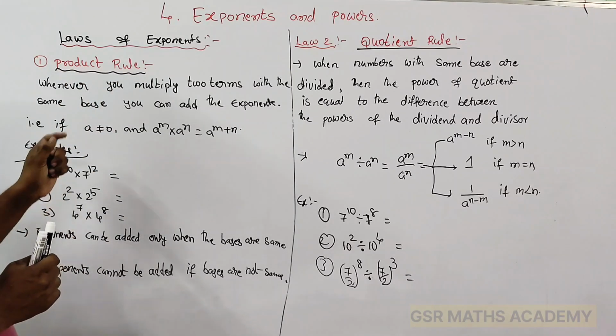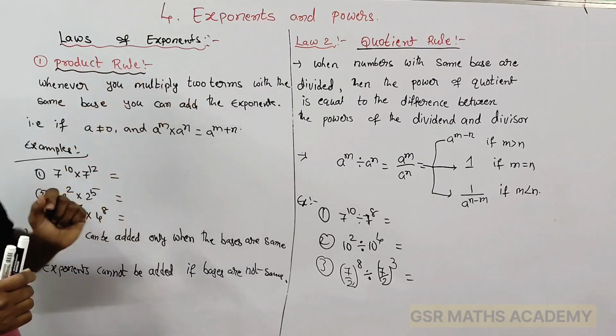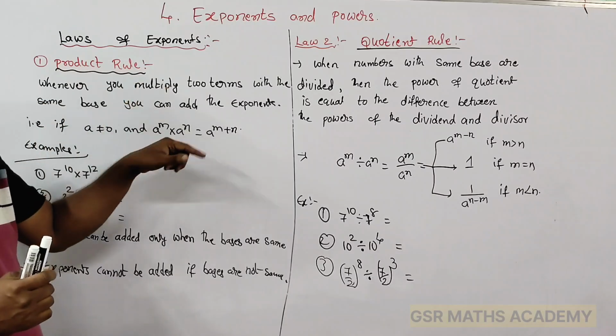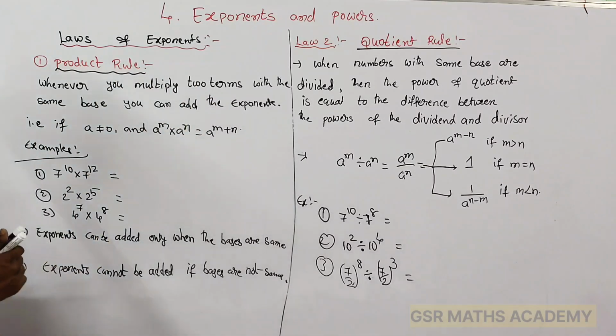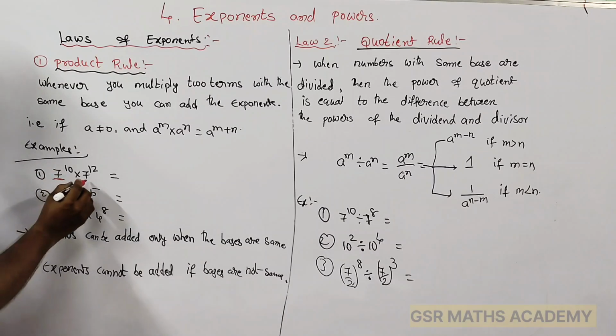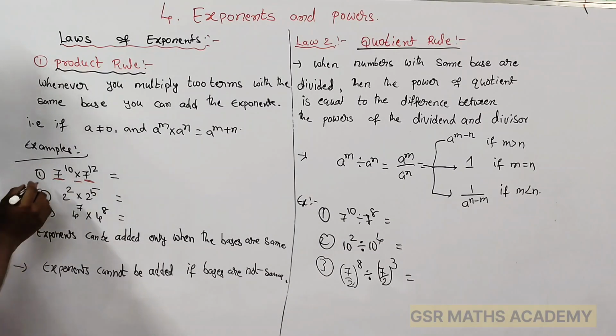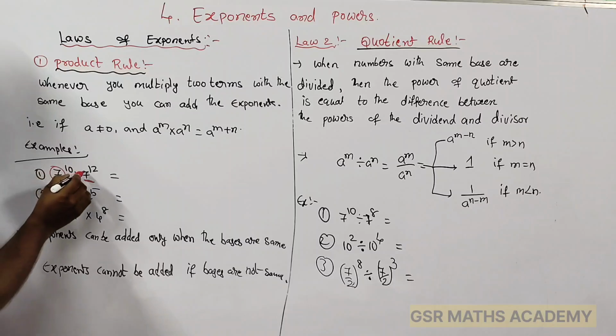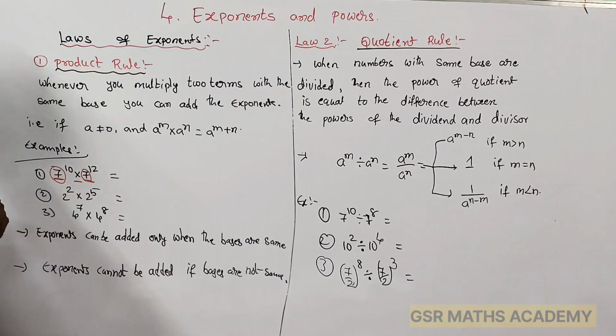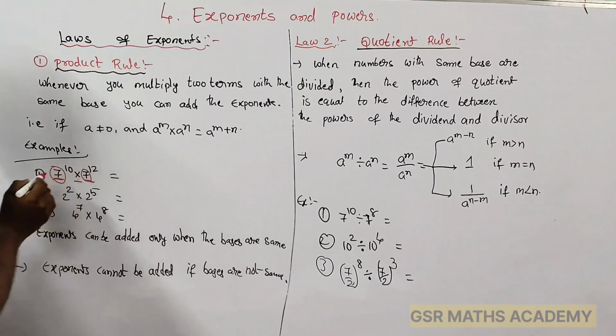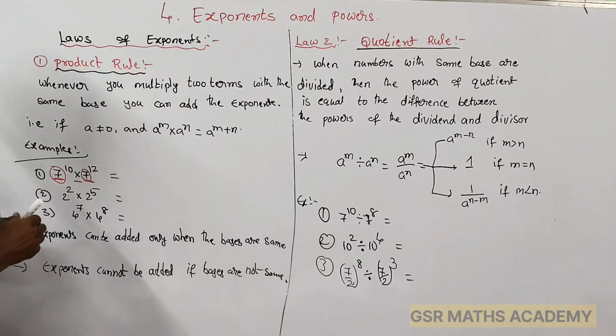In the product rule, whenever we have to multiply two terms with the same base, we can add the exponents. If you take this example, 7 to the power of 10 into 7 to the power of 12, these two terms have the same base 7 and the connection between them is multiplication.